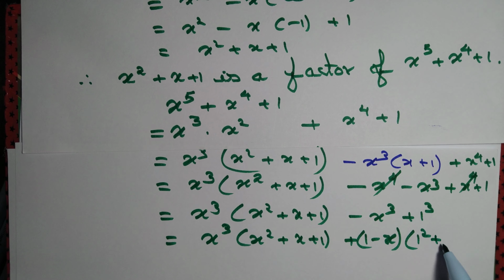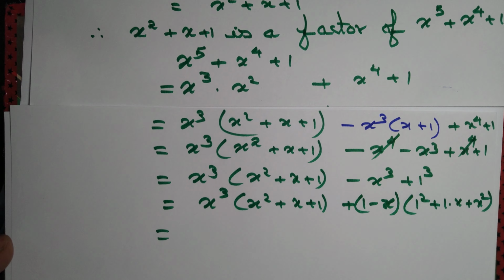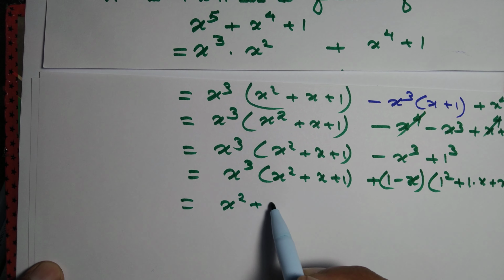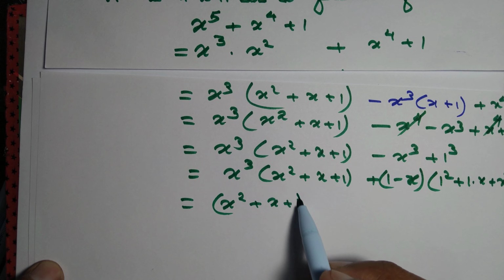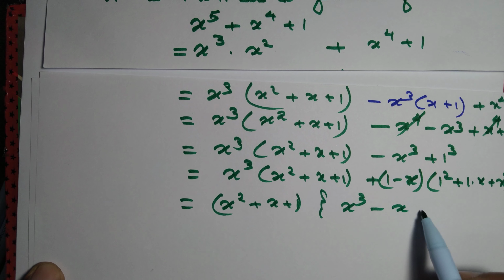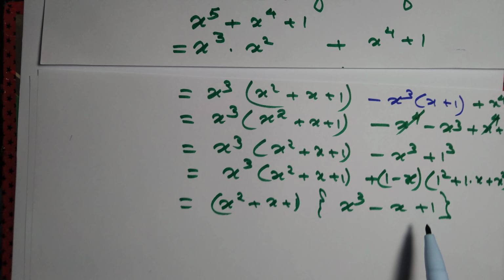Well done. You see that x squared plus x plus 1 is a factor. Let's take it common, and we are left with x cubed minus x plus 1. Can we factorize this further?